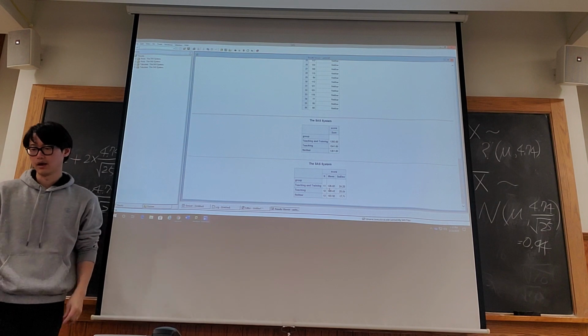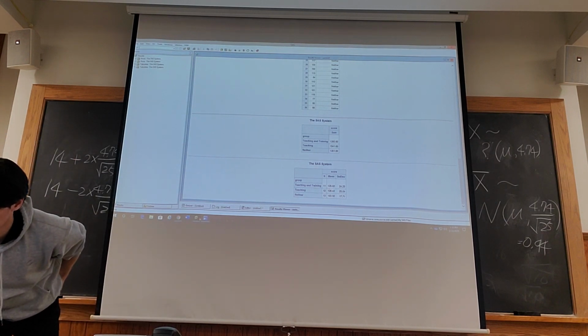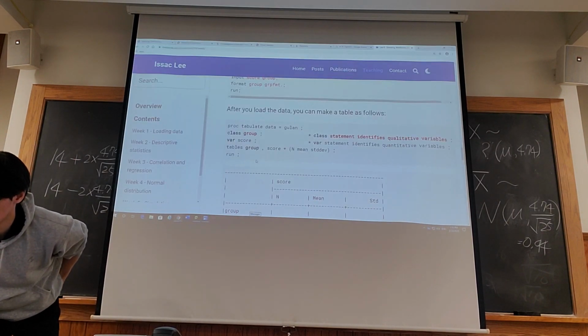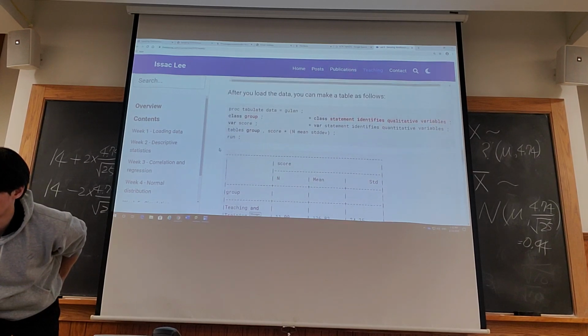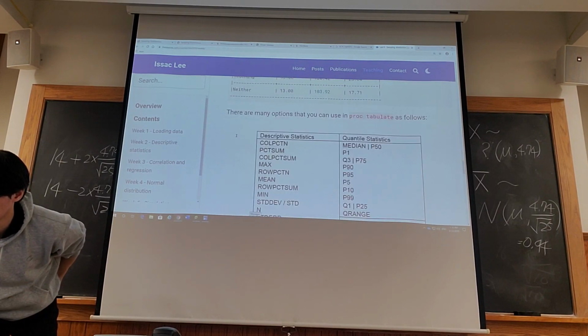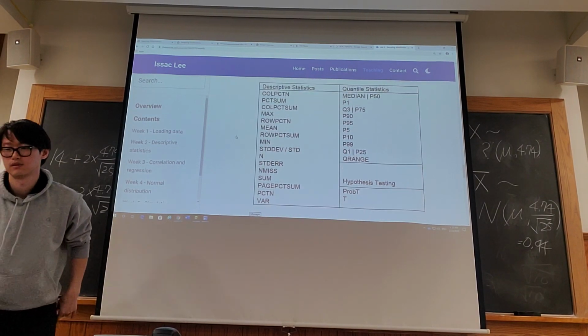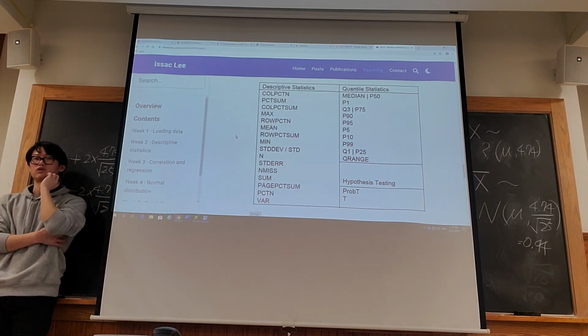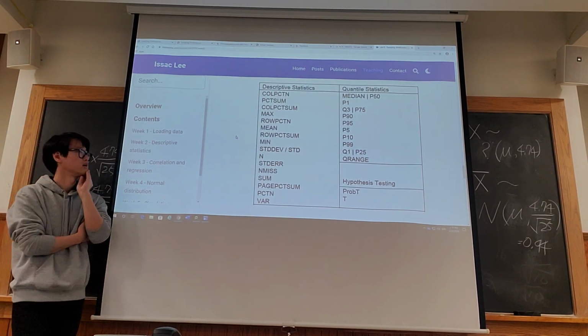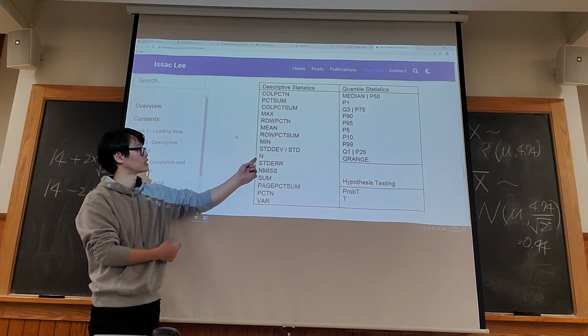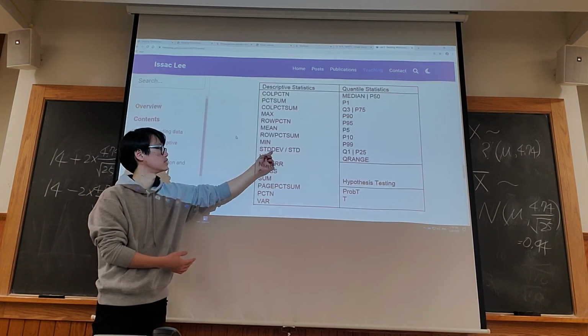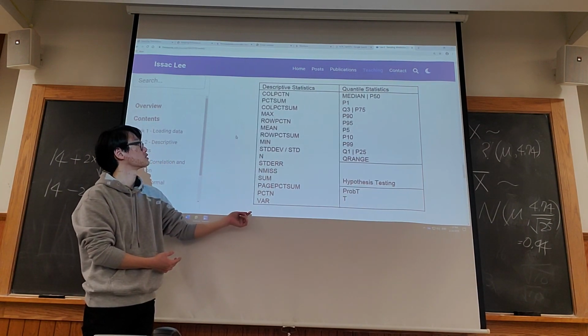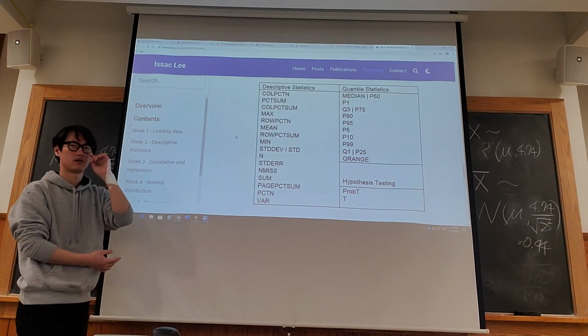Okay. There are so many options that you can choose for this proc tabulate. These are the options that you can use. We already used n, STD, and mean, right?